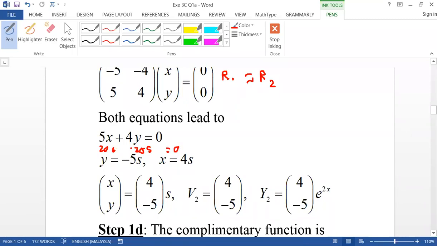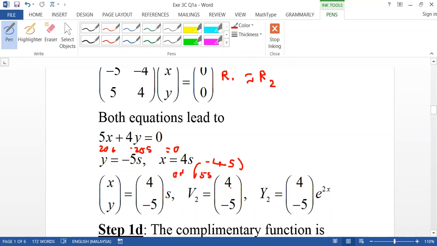So my x is 4s, y is negative 5s. Or you may have another version where x is negative 4s, then y will become negative 5s.